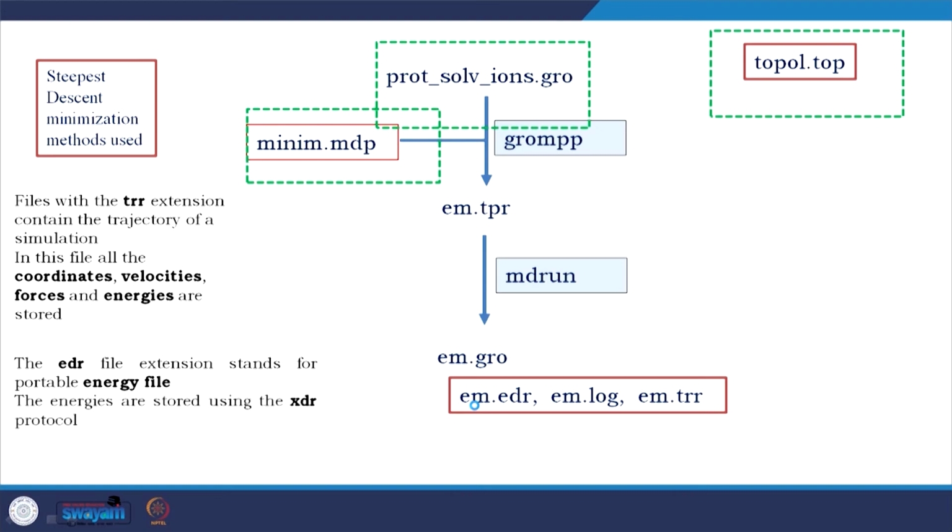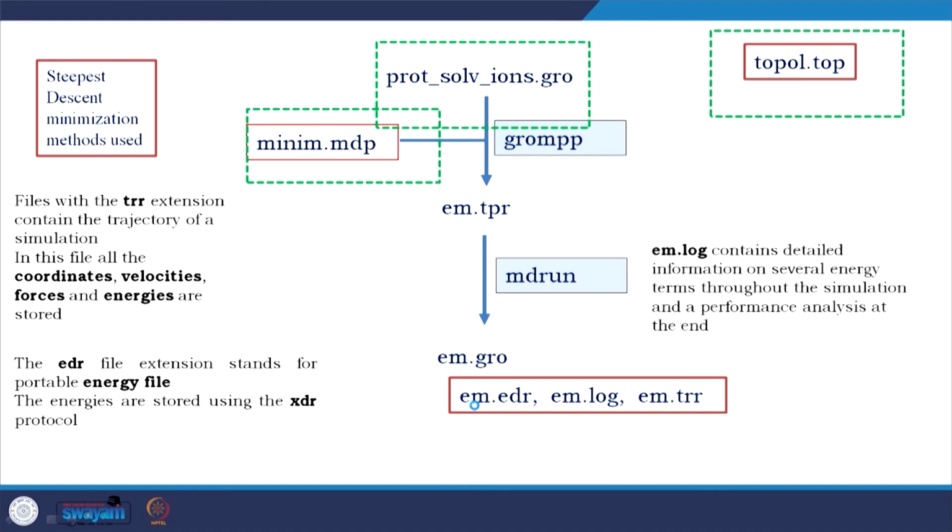The energies are stored using the XDR protocol. The em.log file contains detailed information on several energy terms throughout the simulation and then a performance analysis at the end, which we will see in the analysis part. The .gro file contains the coordinates of the final configuration of the system.